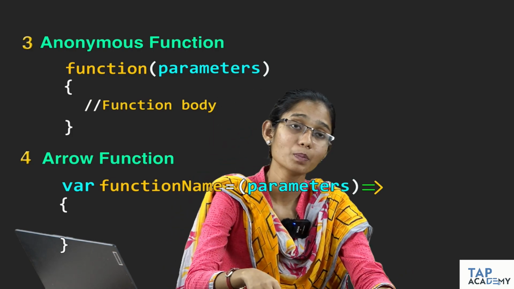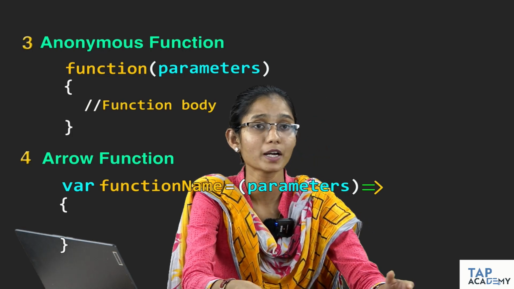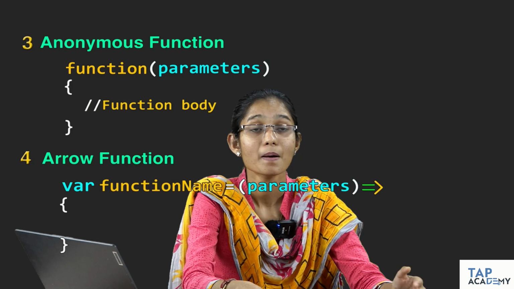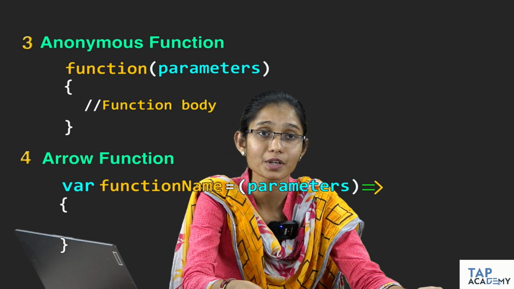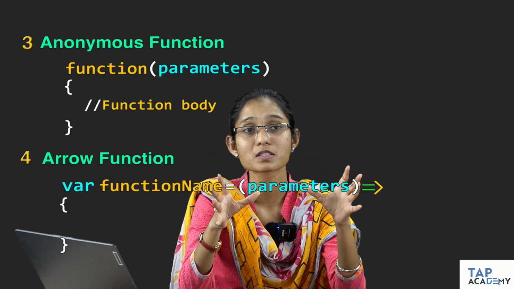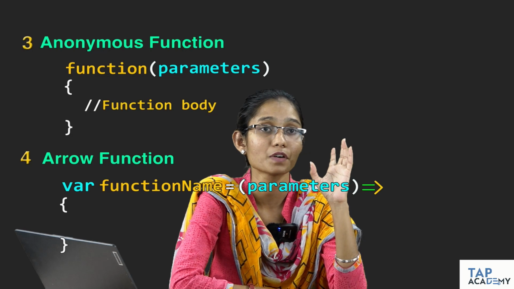Okay, see, probably in JavaScript you might not understand the complete functionality and efficiency. But when you start learning your frameworks and libraries, multiple lines of statements you can make very short and very efficient in terms of the function expression.